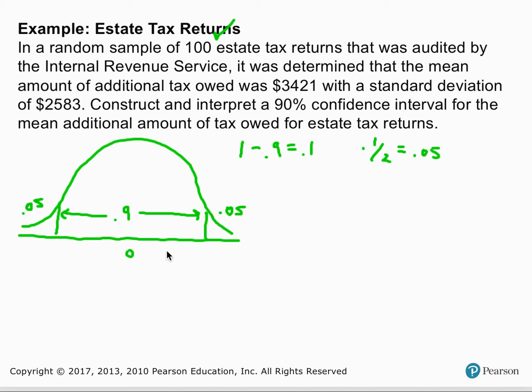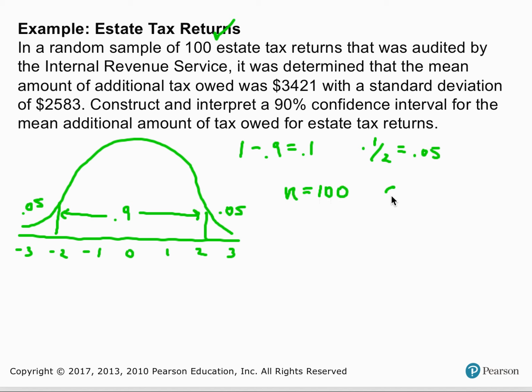Let's again think about what this means for our standardized population. Okay, so because it's the mean, I'm talking about the T chart that I need to look at. So for that, I need the degrees of freedom.